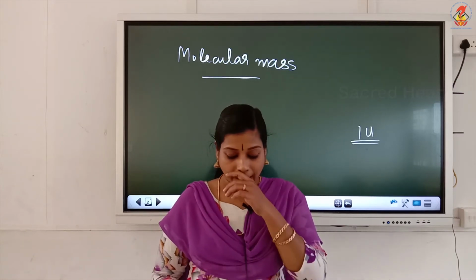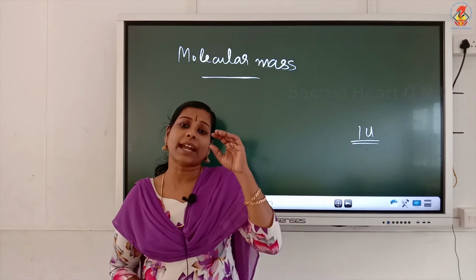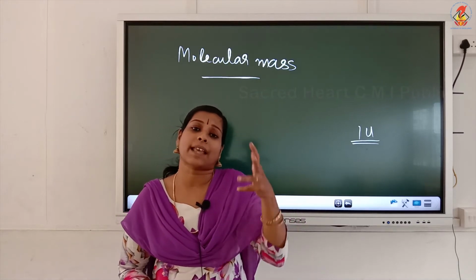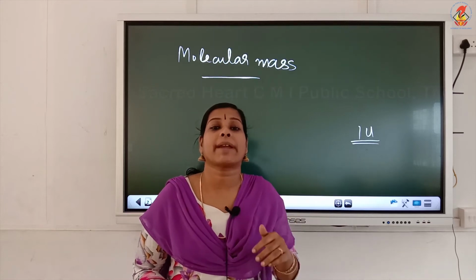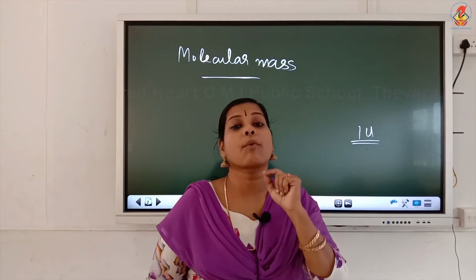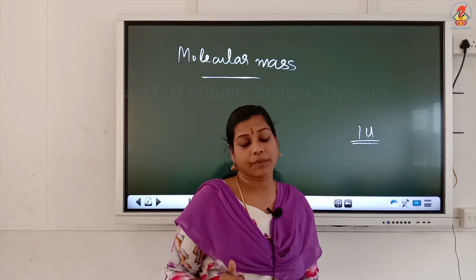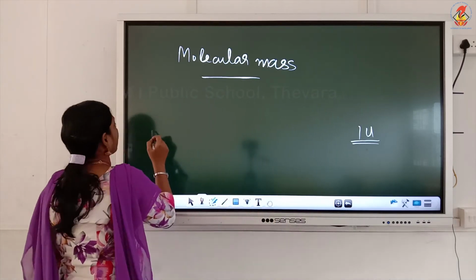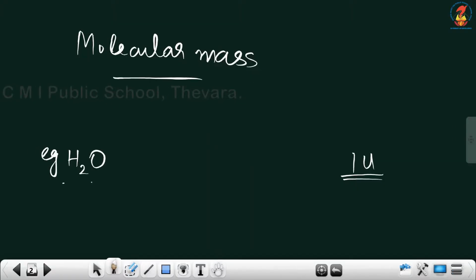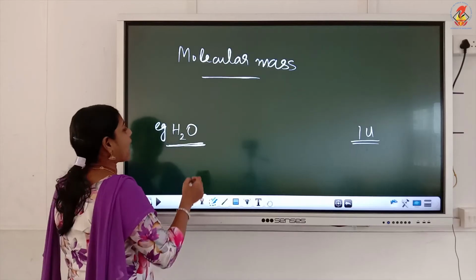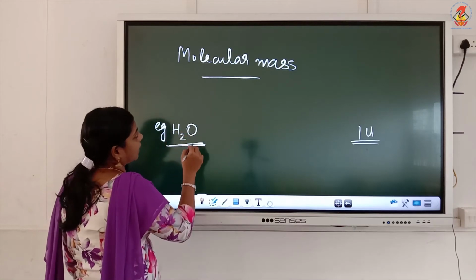Molecular mass is the sum of atomic masses of different elements present in one molecule of that compound. For example, suppose we take water. This is one molecule of water, H2O. How do we calculate the molecular mass?